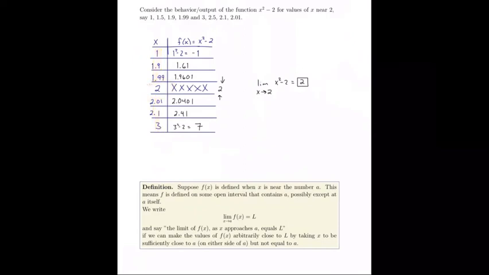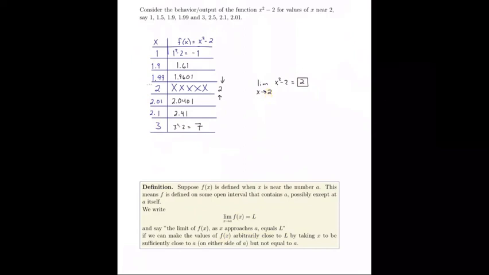That's the idea there. So we'll write this limit as x approaches a of f of x equals L, and read it just as suggested below. If we can make the values of f of x arbitrarily close to the limit L, that's that number on the right, by taking x values sufficiently close to a, that's the number that x is getting close to, but not equal to a, right?